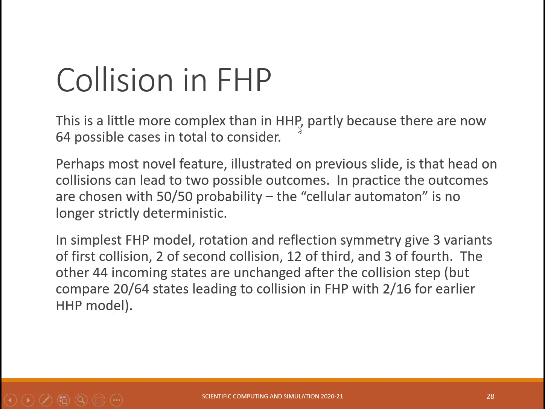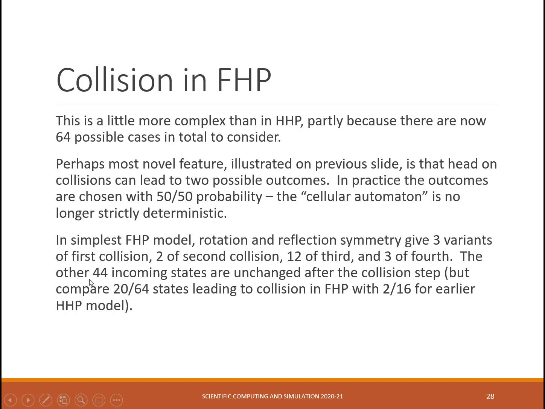If we consider all the 64 cases, rotation and reflection symmetry give 20 different collision cases, where three variants are of the first collision, as discussed in the previous slide, 2 of the second collision, 12 of the third, and 3 of the fourth collision. It should be noted that the other 44 incoming states remain unchanged after the collision step.